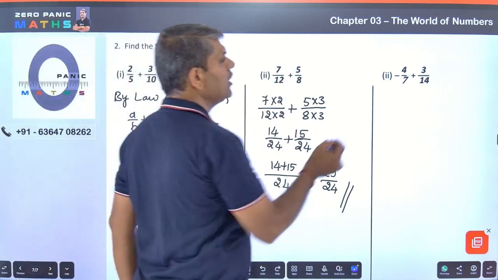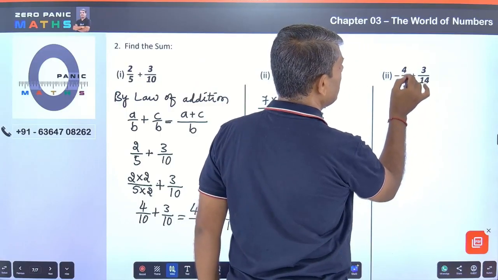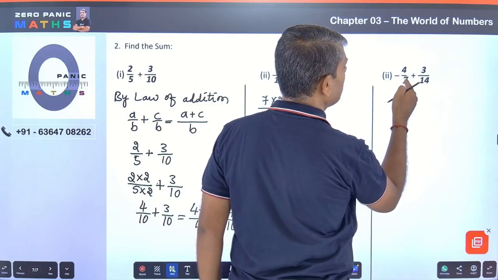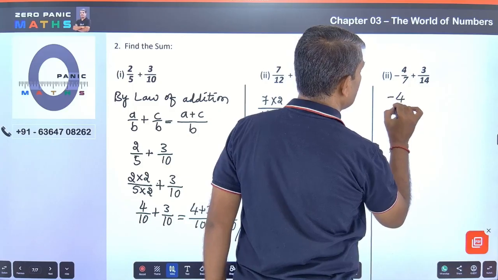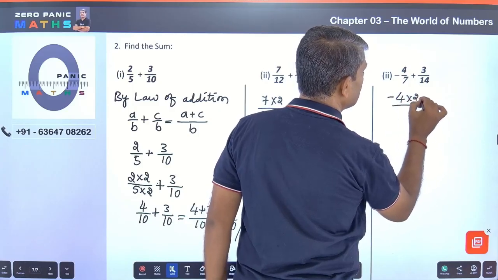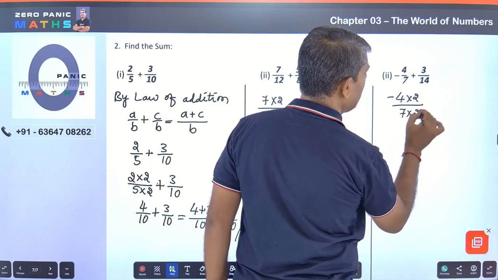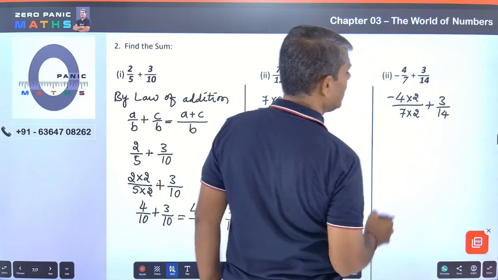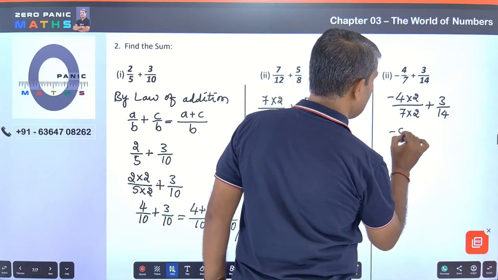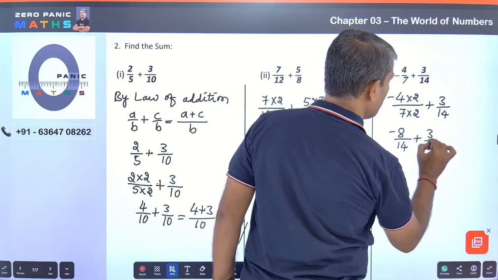Now simply do it for the third one also. Here I can just change the first fraction and make it 14, because 7 2s are 14. So minus 4 multiplied by 2, and the denominator I'll multiply by 2 to make it 14, and keep 3 by 14 unchanged. So it is minus 8 divided by 14 plus 3 by 14.